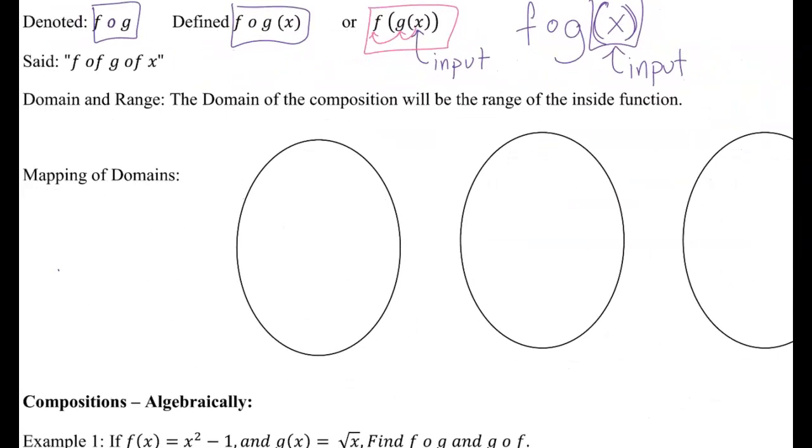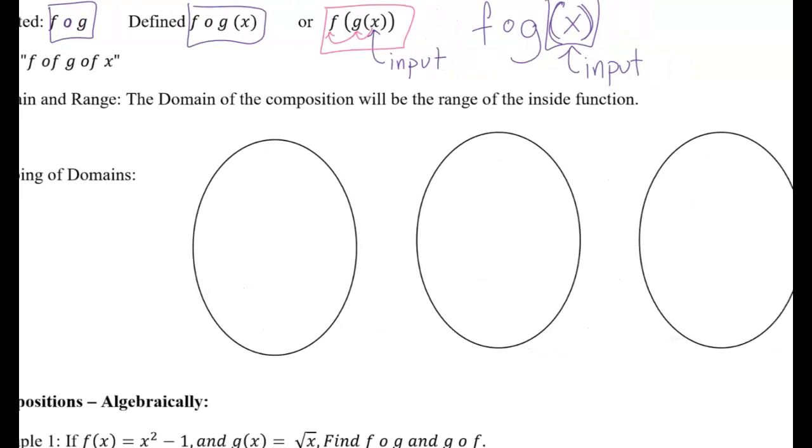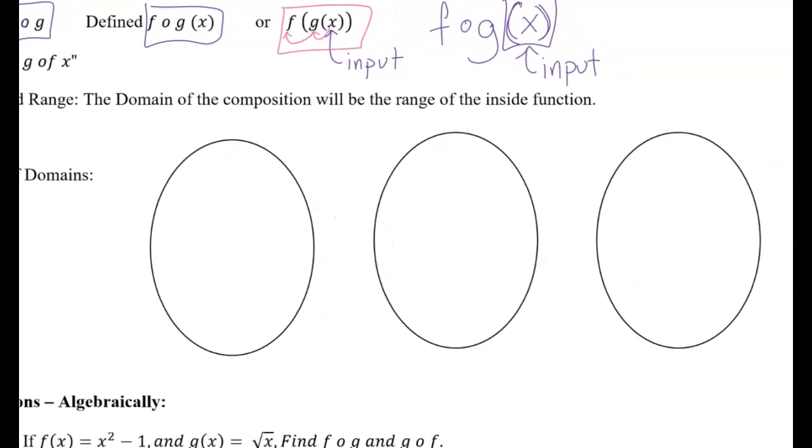So let's go ahead and look at what is called mapping notation. Now, we're not really going to go too in depth on this because we have notation from pre-calc. You did, or you should have been introduced to it in Algebra 1, whether or not you remember, I don't know.